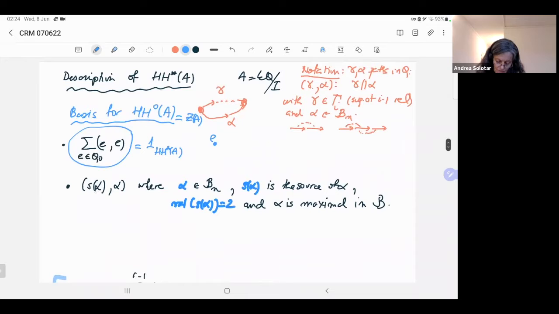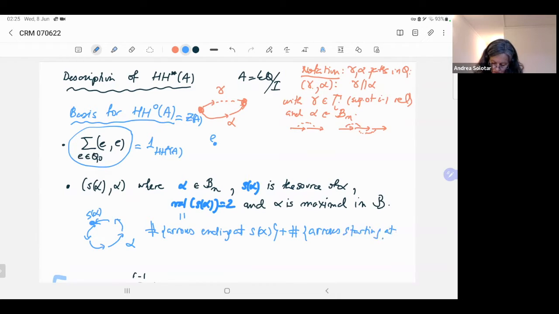There is a second type of elements, which is the following one. So we are considering a pair. Alpha is a path that is not 0 in the algebra, suppose like this, and suppose that s(alpha) is the source of alpha, where it starts. So here we have alpha, which is not 0. And the valency of the vertex source of alpha is 2, meaning the valency is the sum of the number of arrows ending at the source of alpha plus the number of arrows starting at the source of alpha.